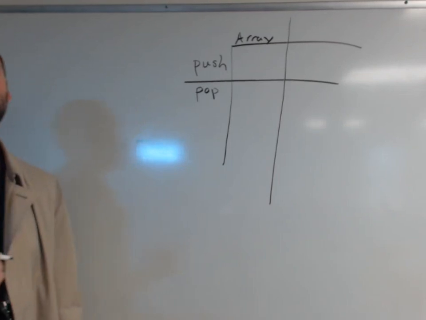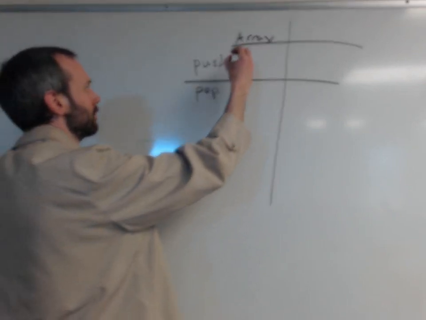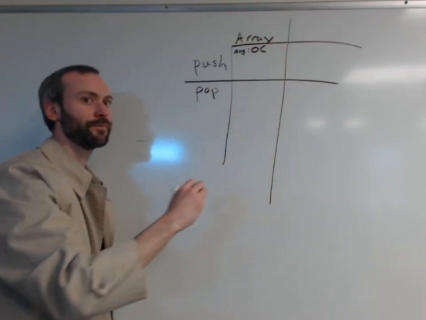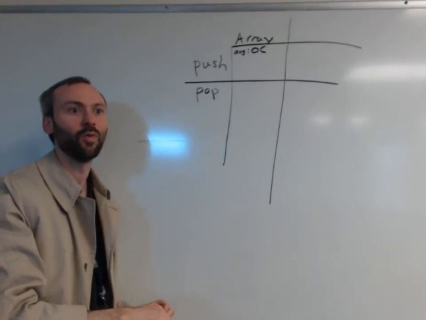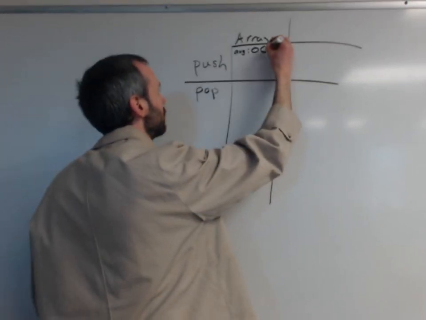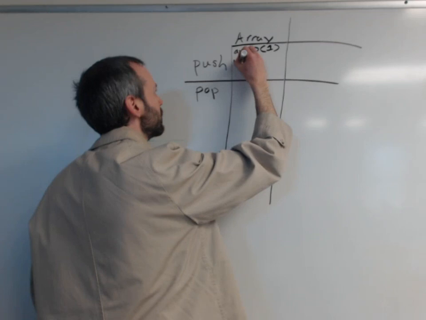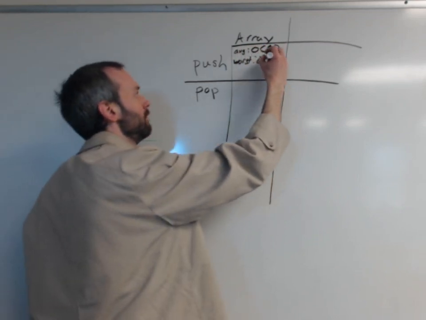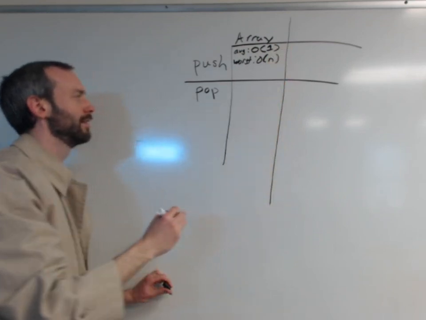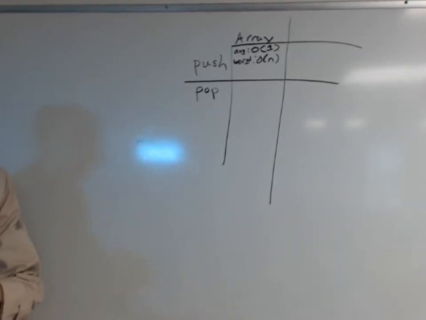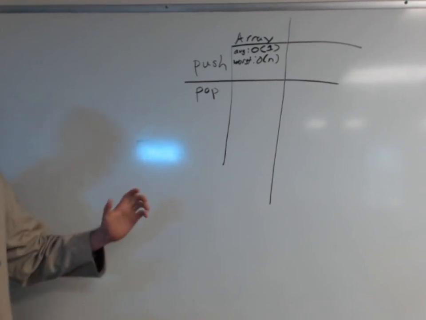So if we push, what is it on average? O of 1, right? Because normally there's a space there and we're good to go. Worst is what? O of n, because we have to recreate the entire stack, where n in this case is the size of the stack. Okay, how about pop?